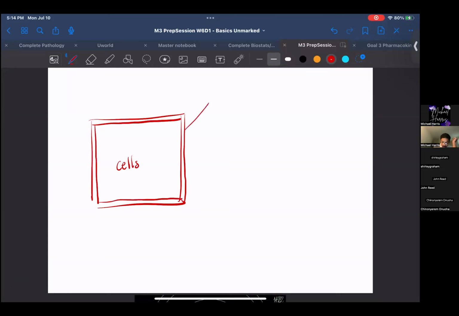Now, are these phospholipid bilayers lipophilic or hydrophilic? Or you could say lipophobic and hydrophobic.